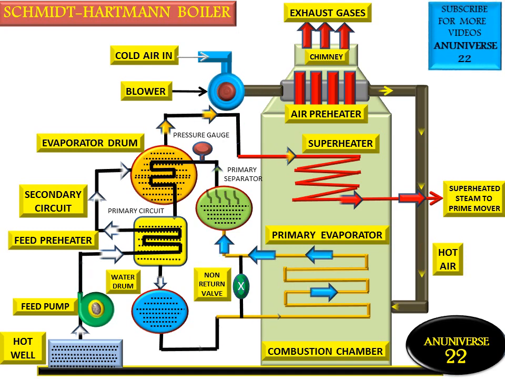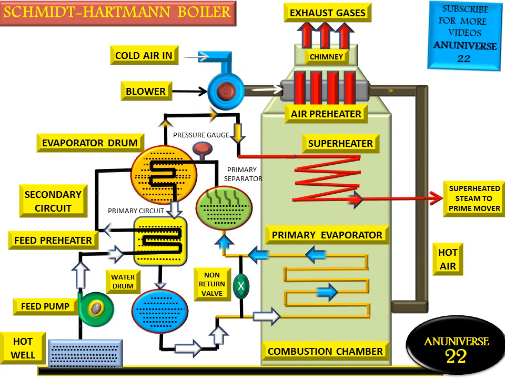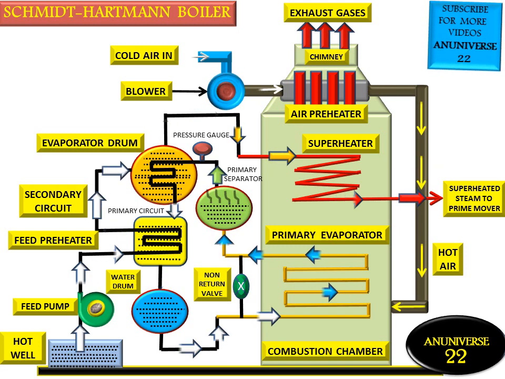From the superheater, superheated steam is supplied to the prime mover, and this prime mover may be a turbine. In the turbine, heat energy is converted into mechanical energy, and the turbine shaft is coupled with the shaft of a generator, and from the generator finally electricity is produced.